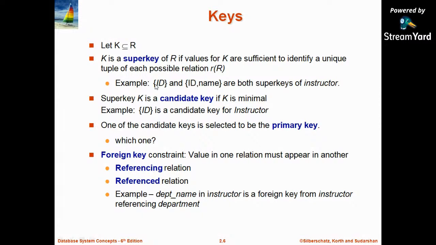In the previous case, the ID is uniquely identifying each and every row present in the table, but the combination of ID and name will also uniquely identify. If I say my roll number is 20 and it is unique, then my roll number and my name will also be unique. So both of them are super keys. A super key is an attribute or a combination of attributes which can uniquely identify a row in the relation.